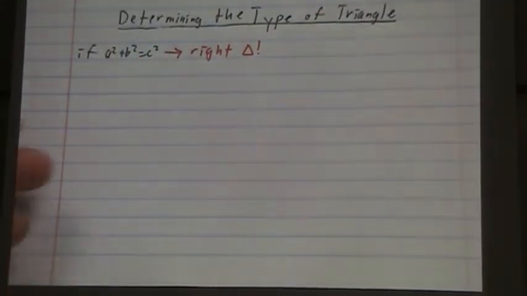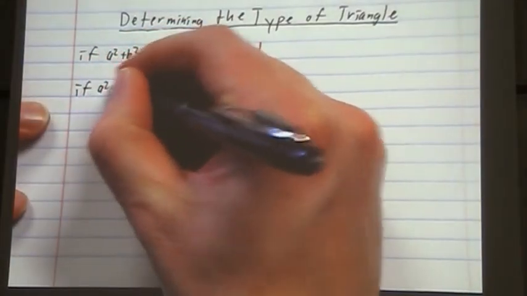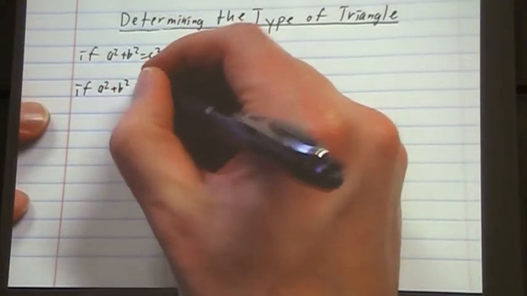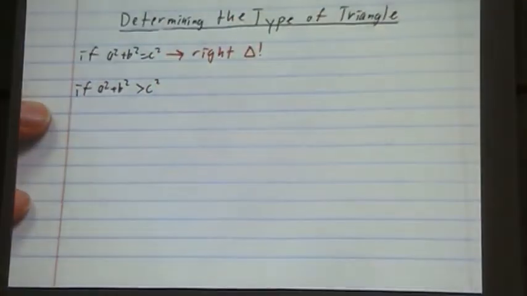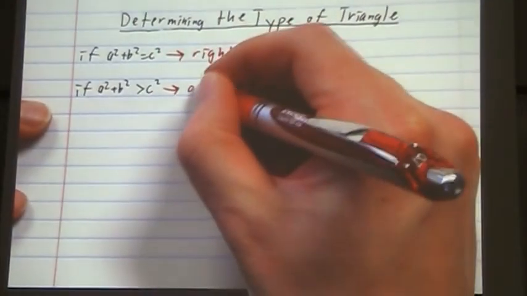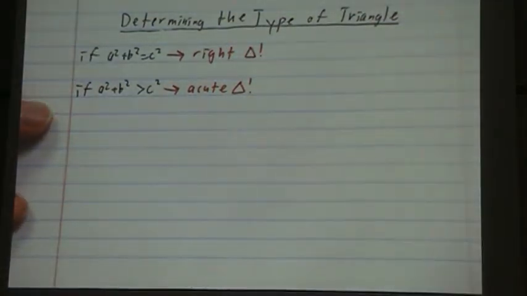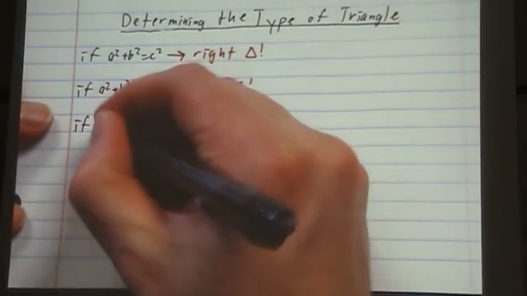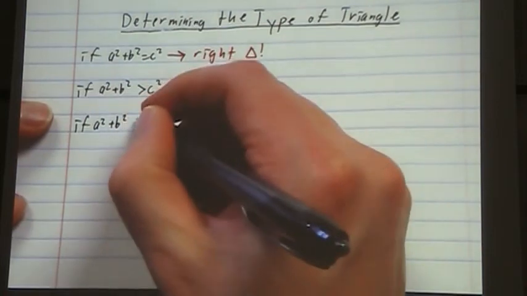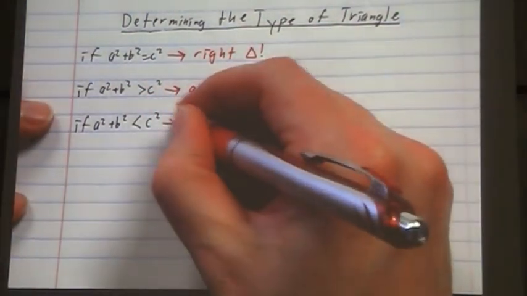Okay. Now, what if a squared plus b squared is greater than c squared? Well, we know we don't have a right. If the two sides squared are bigger than the hypotenuse, you have an acute triangle. And if we go the other way, if a squared plus b squared is less than c squared, you have an obtuse.